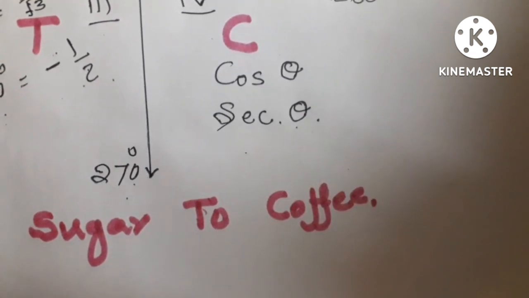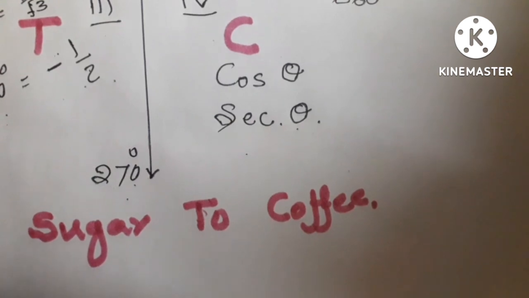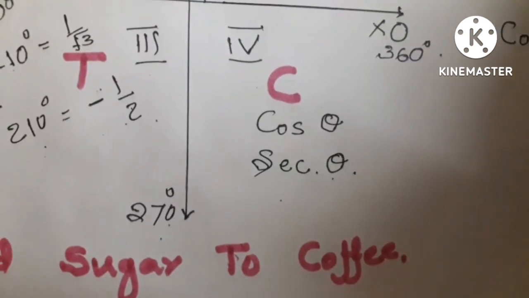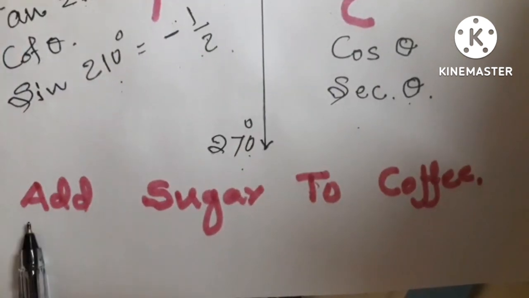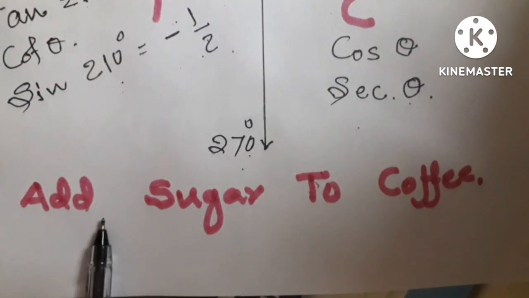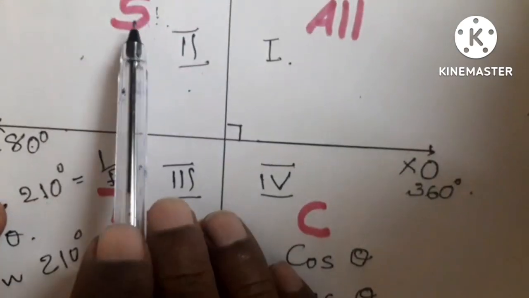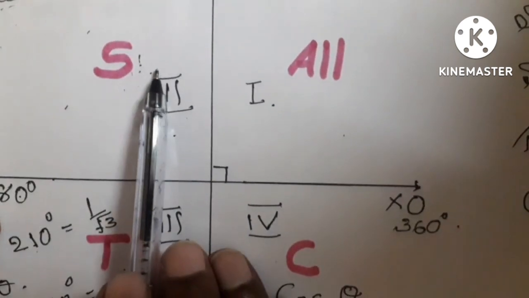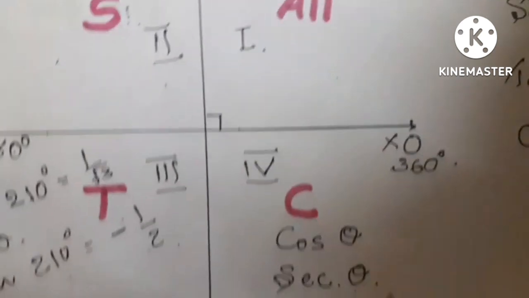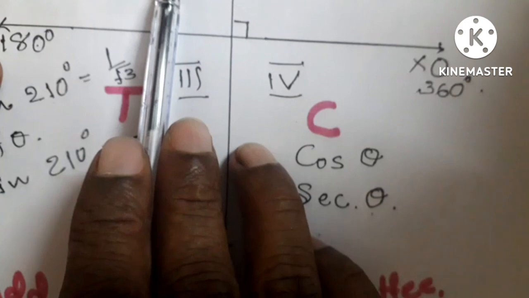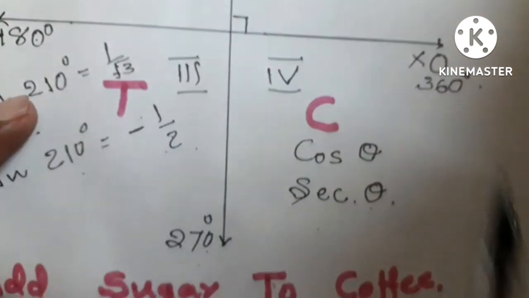That means in the first quadrant all values are positive. In the second quadrant, sin theta and its inverse, cosec theta, are the only two that are positive.